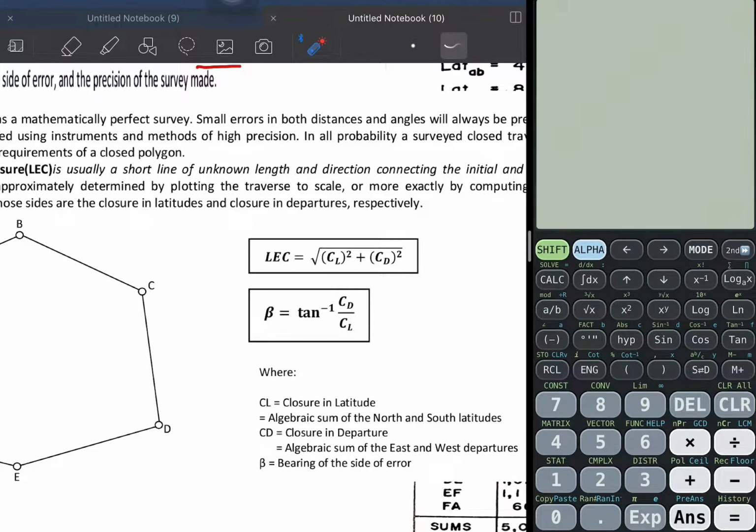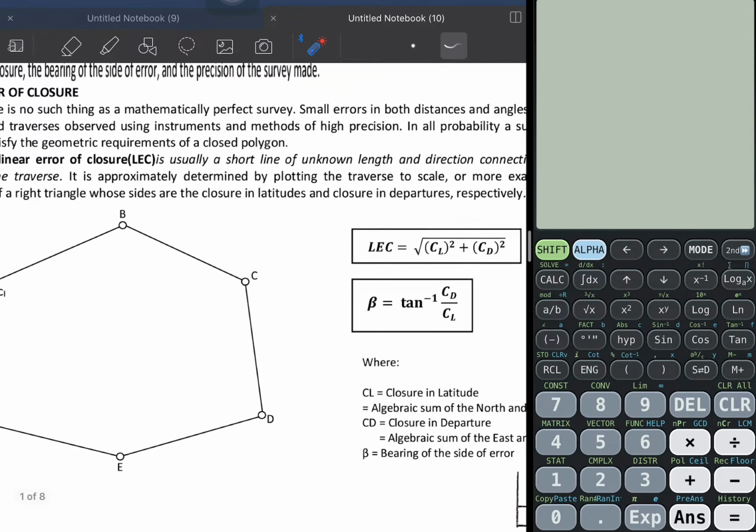you have this formula that is LEC, or the linear error of closure, is equivalent to the square root of the total closure in latitude squared plus the total closure in departure squared. So that is just the Pythagorean theorem.